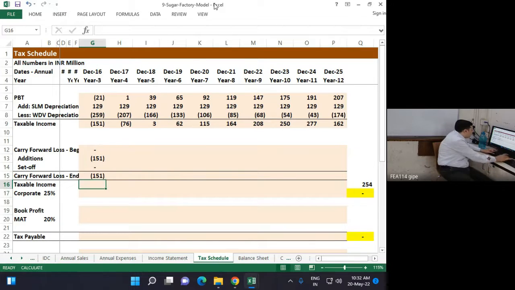Okay, and then taxable income is if there is a profit, then profit minus set off is what you will tax. This is the profit on which you will pay tax. After carry forward losses have been adjusted, whatever is the remaining profit, that one is taxed.